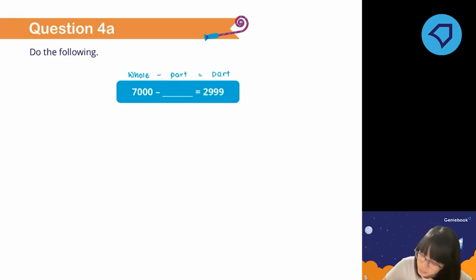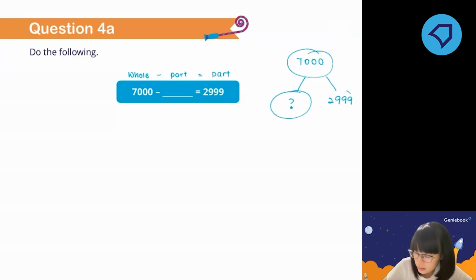Correct? So 7,000 is the whole. 7,000 must minus something, then it will give you 2,999. Okay, so as long as they're asking you to find a part, you need to do your subtraction.